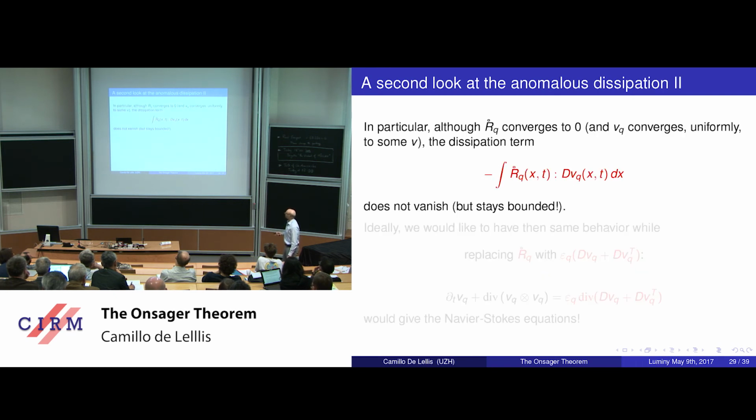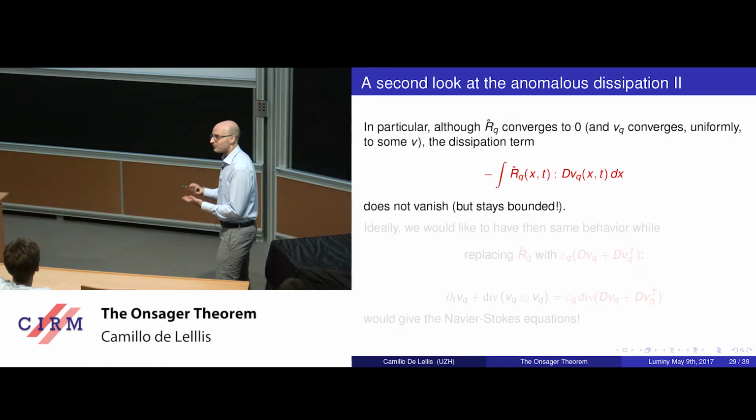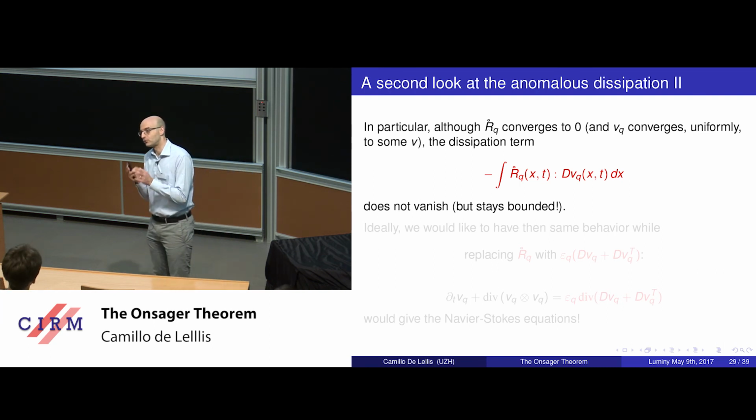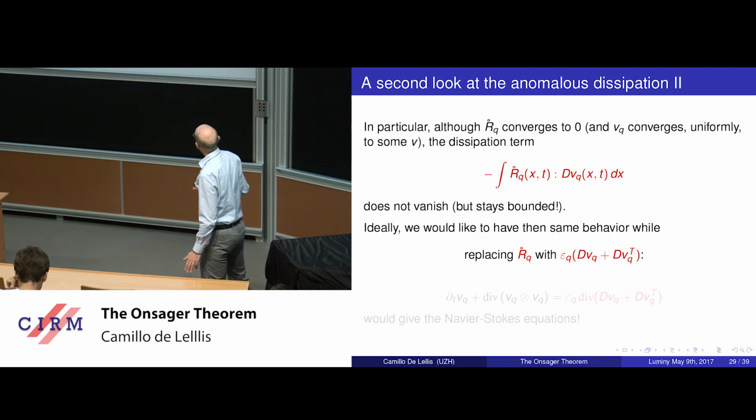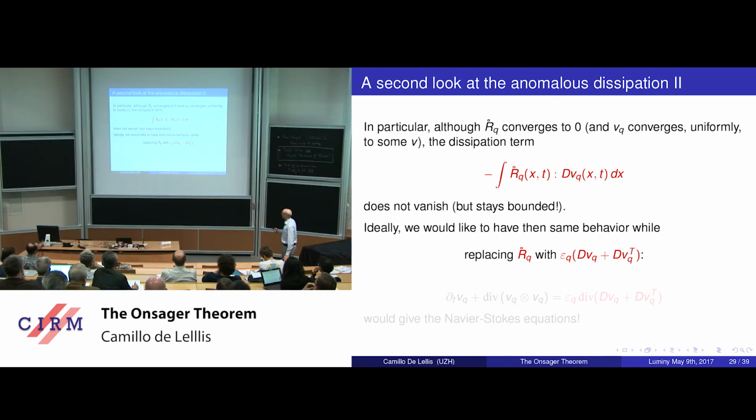So now, of course, you could say, well, how far are we from what should be the true picture of a turbulent fluid? The true picture of a turbulent fluid, we would actually get it if we were able to solve Navier-Stokes. So what I would like to do is therefore to replace the stress tensor R°_q by ε_q times the derivative of v_q, where ε_q is a small viscosity coefficient, which I can guess actually from the construction.